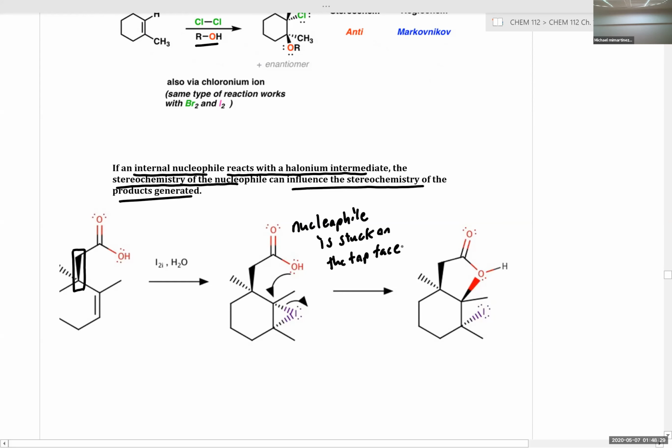It can't bend around to the bottom face. It's stuck approaching from the top face. So then, when you generate your halonium intermediate, the attack occurs selectively from the top face.